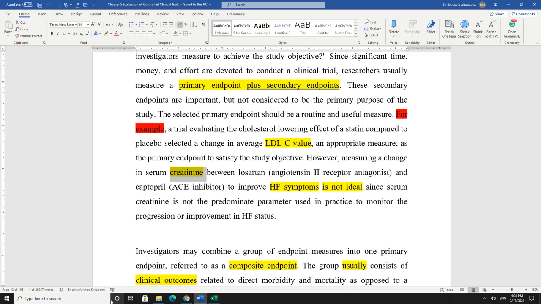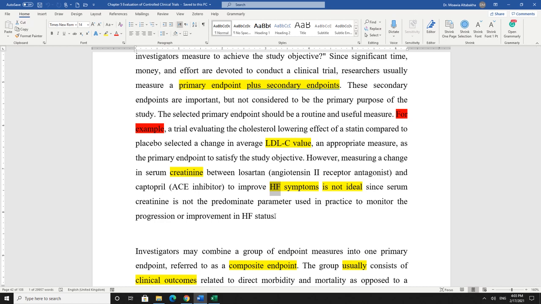If it is high, it means that the kidney is not working well. If it is low, it means that the kidney is working well. Heart failure means there is a reduction in the blood flow, meaning the heart is not able to pump the blood well to the system, including the kidneys.